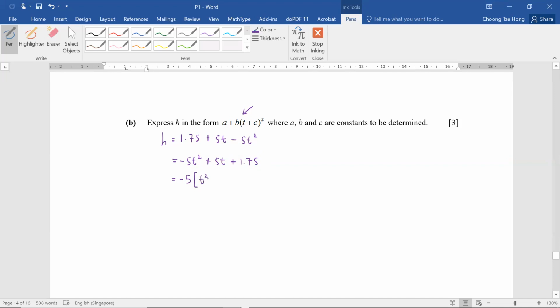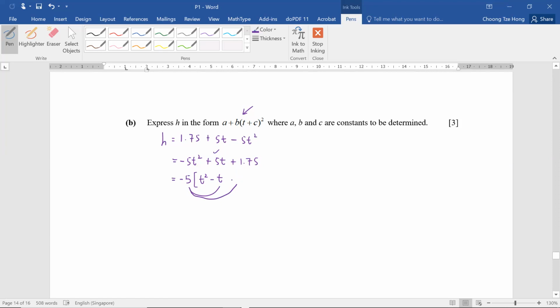So factorize out. Ask yourself, negative 5 times what will give you 5t? It should be quite obvious that it's negative t. Negative 5 times negative t gives you positive 5t. You must always get back what you have in the original equation. Then ask yourself, negative 5 times what will give you 1.75?